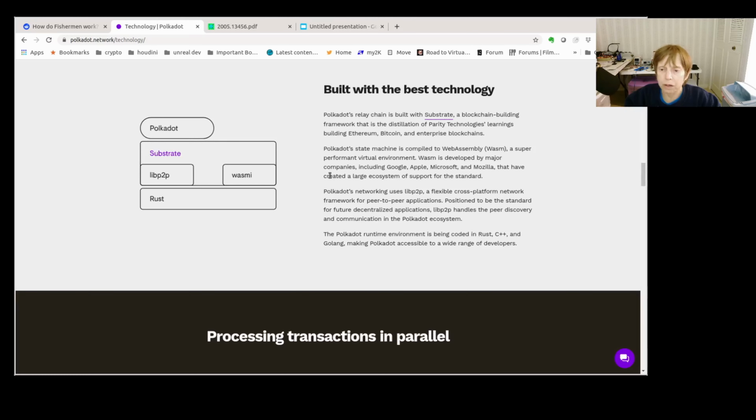I'm just looking at this again. It's saying the Polkadot state machine is Rust compiled to WebAssembly, and that is the story of Wasm.